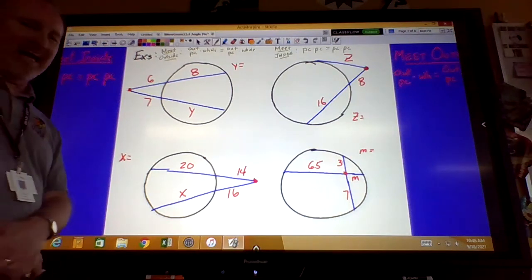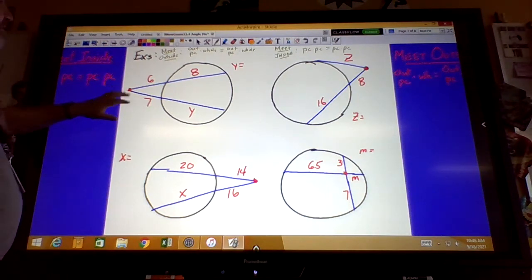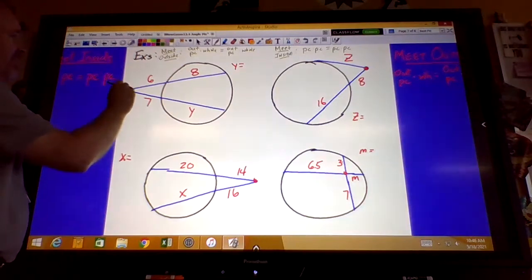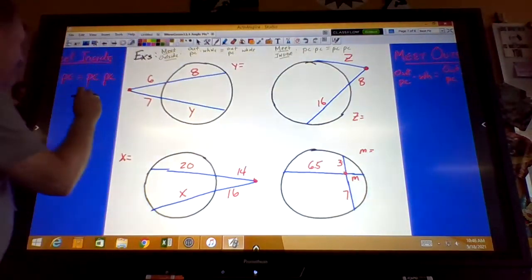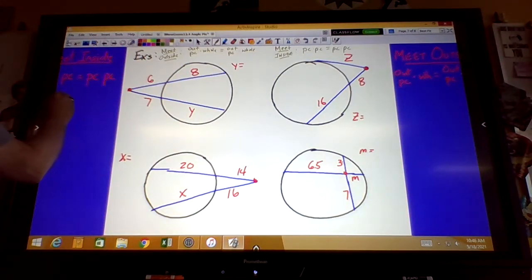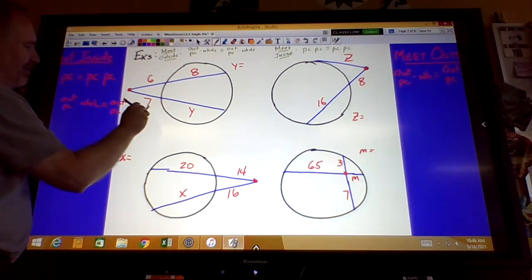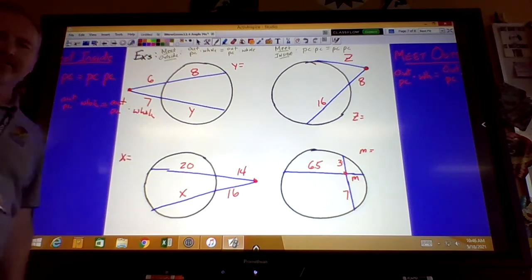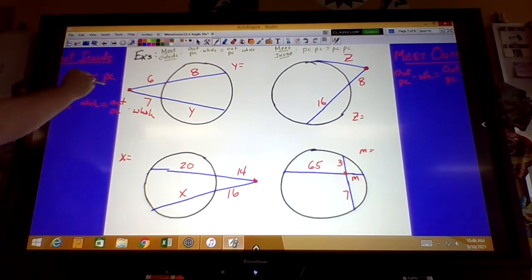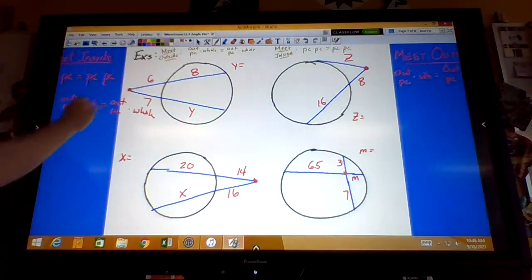All right, and we're back. So hopefully on this first one you said, he meets on the outside, so I'm going to use that whole weird thing Mr. Metcalfe said called outside piece times whole equals outside piece times whole. And now with numbers instead of all letters, I think this will make more sense. So let's look at the secant on the top, the 6 and the 8.